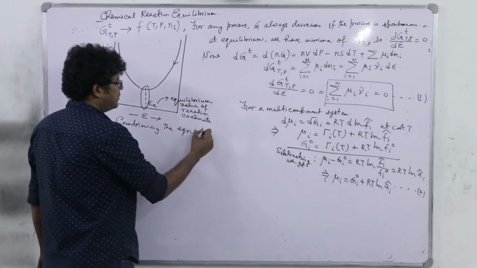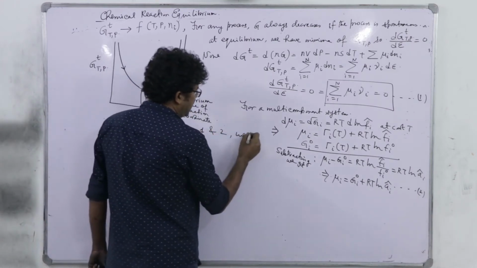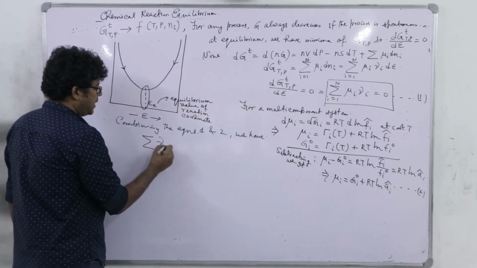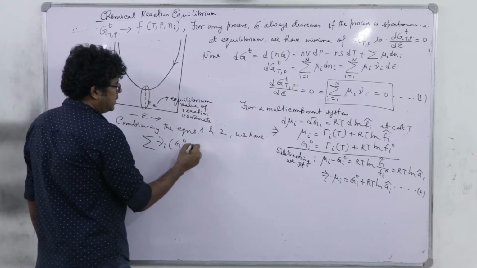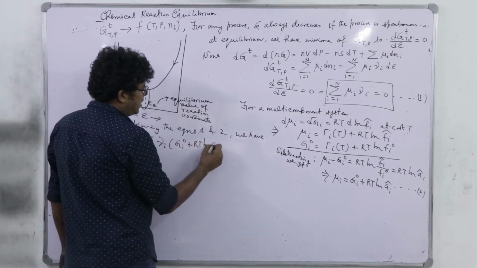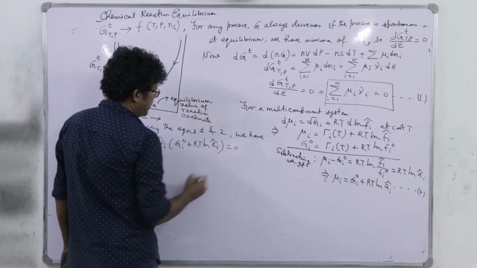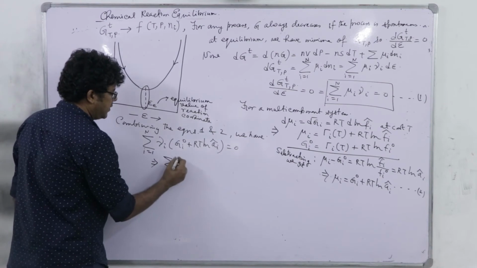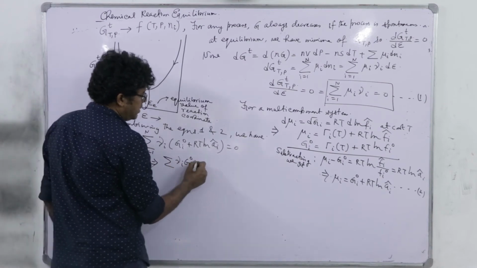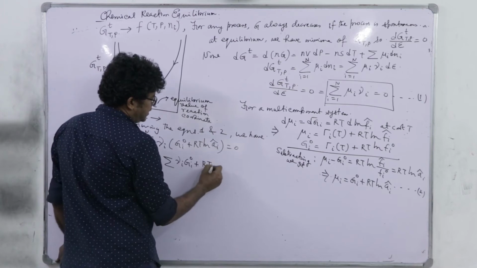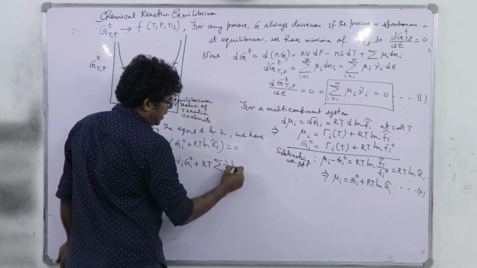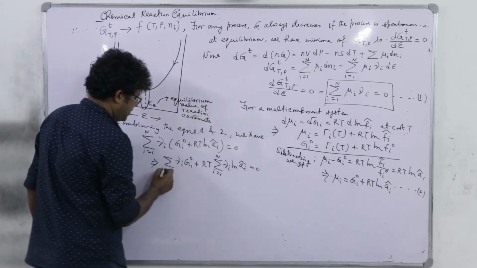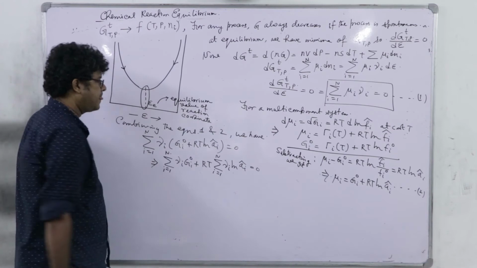Combining equations 1 and 2, we have summation nu I times Gi naught plus RT ln ai cap equal to 0, I equal to 1 to N, and this is summation nu I Gi naught plus RT summation nu I ln ai cap equal to 0, I equal to 1 to N.